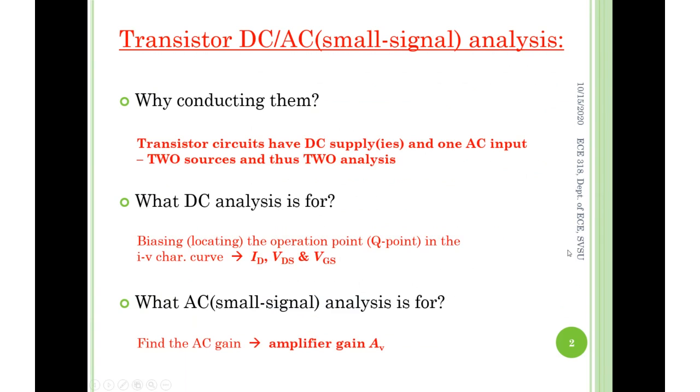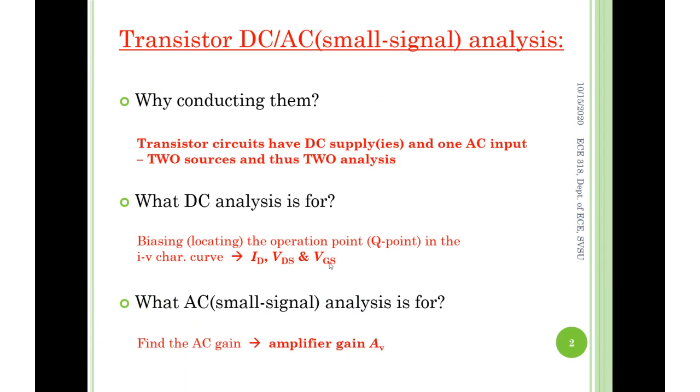And the DC analysis, of course, what does it mean by locating your Q point, operation point? It's just to decide what the DC current and DC voltage are. In the circuit analysis problem, you're looking for the DC current, the DC voltage across drain and source, and the DC voltage across gate and source.